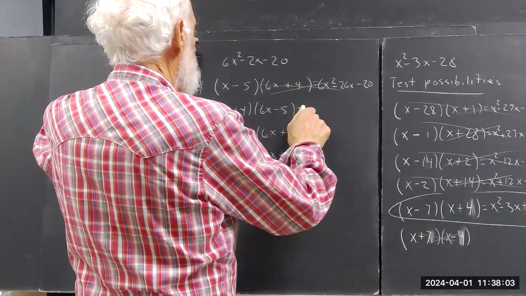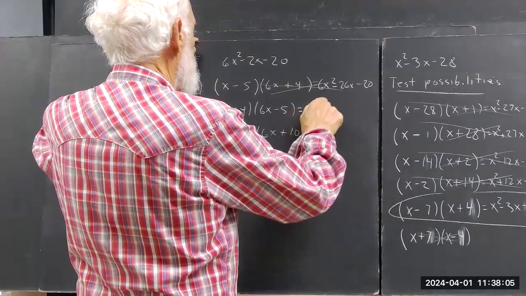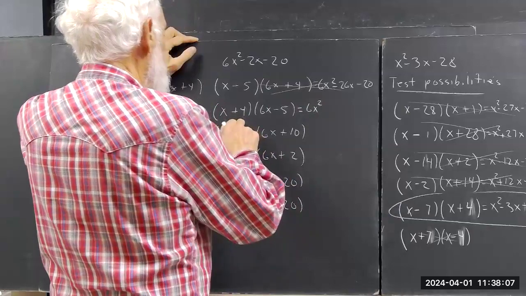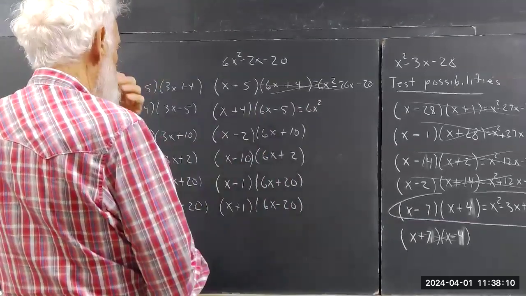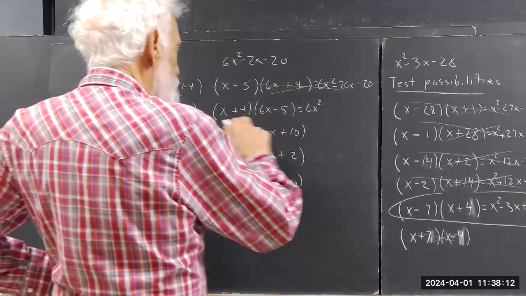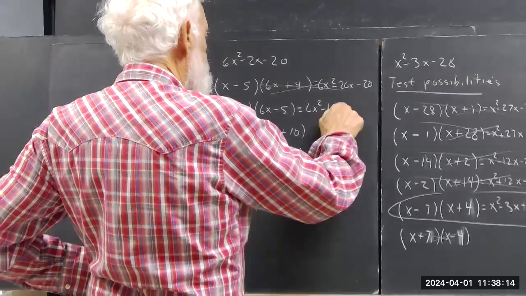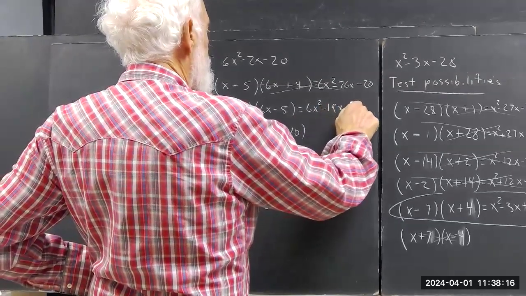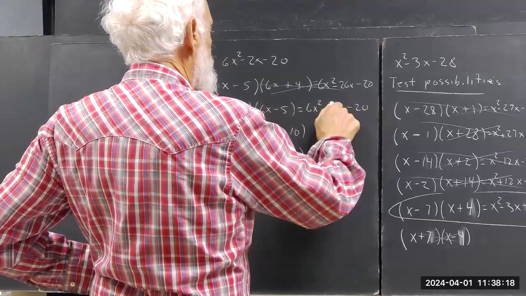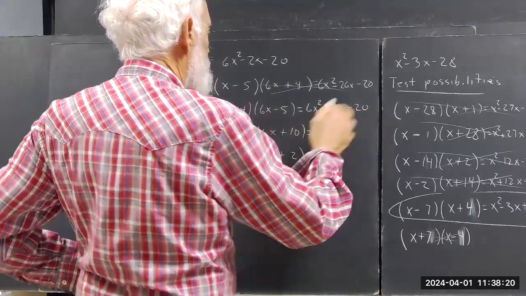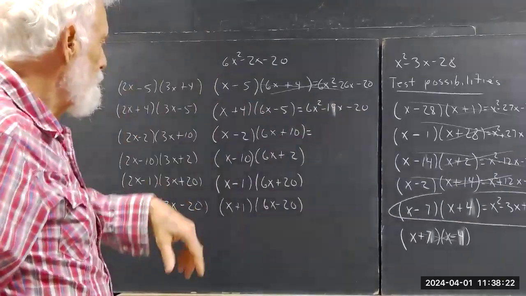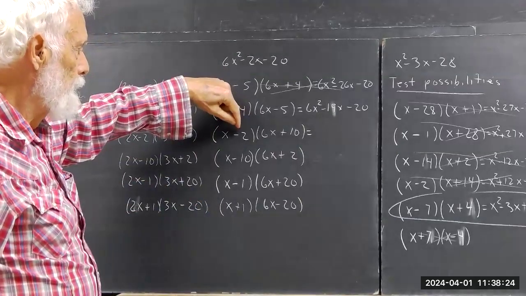And we multiply this one out, and we get 6x squared. And then we get 4 times 6 is 24. Minus 5, we get minus 19x minus 20. Well, let me double check my numbers here. I'm getting confused because I'm doing this kind of quickly.